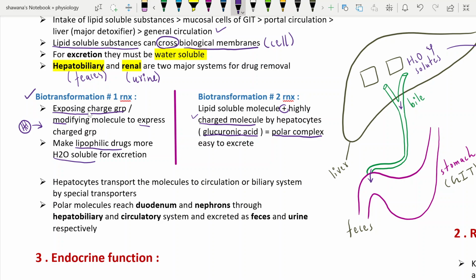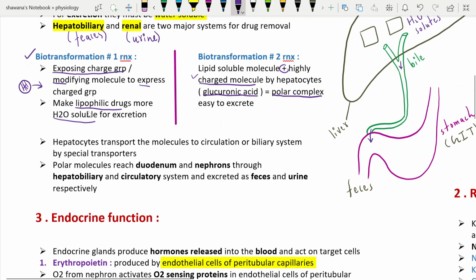So what's the difference? In biotransformation one reaction, the molecule exposes a charged group, so it becomes hydrophilic. In biotransformation two reaction, it is combined with a charged molecule, for example glucuronic acid, and then it becomes easy to excrete.